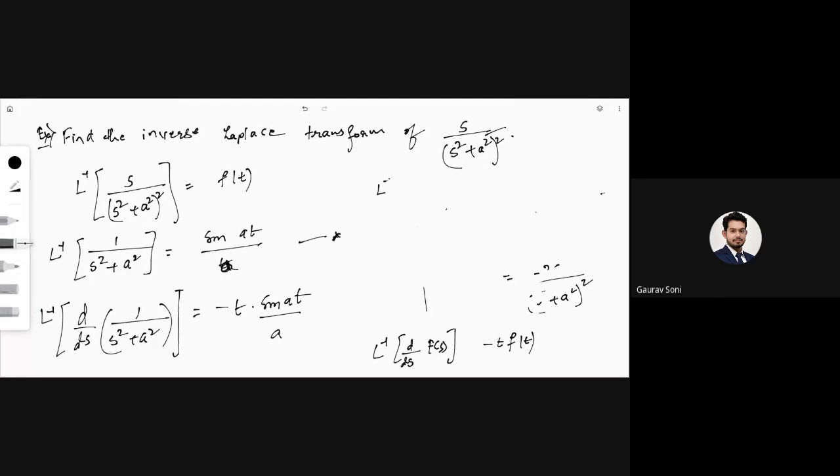Laplace inverse of minus 2s upon s square plus a square whole square is equal to minus t sine of at upon a. So in order to get the original thing, which is s upon s square plus a square whole square, we adjust this minus 2 on the right hand side.